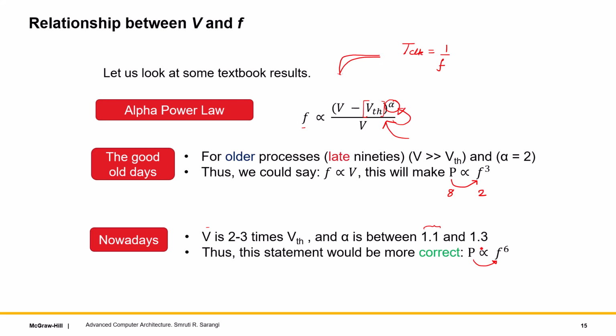If I increase it by 10%, my power will jump by like 50%. That is why I need to invest in more architectural tricks to enhance the IPC rather than increasing the frequency. That's why the frequency has remained roughly static for a while now.